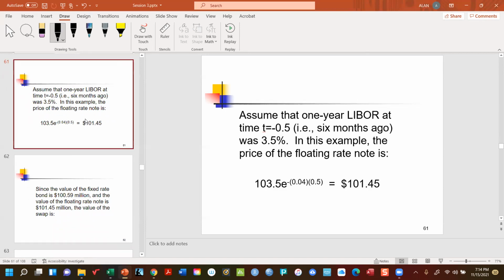let's come down here and draw another picture. Six months ago, the swap was entered into. The fictional bonds were being bought and sold. Now, let's just say here the LIBOR rate was 3.5%. So the coupon is 3.5%. That means we receive $3.5 million.